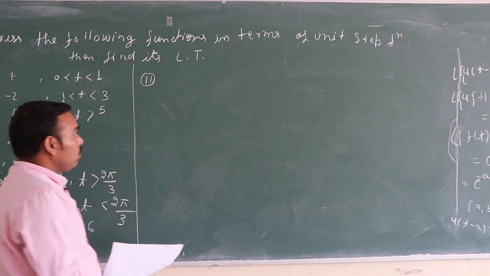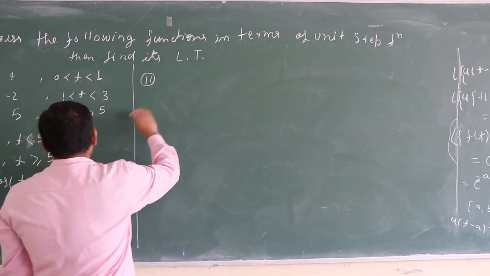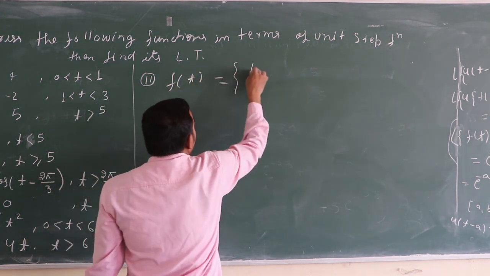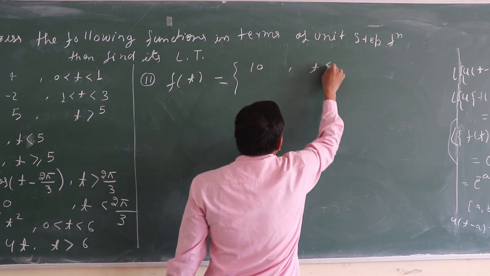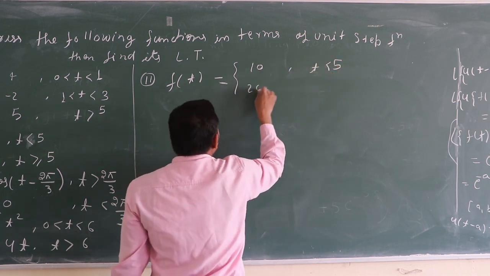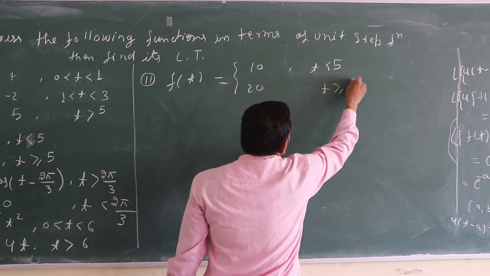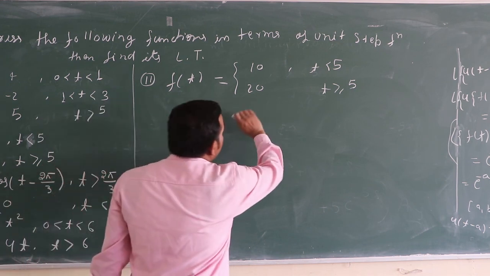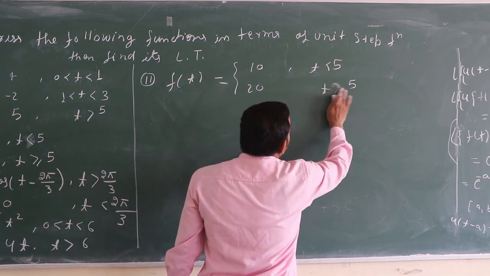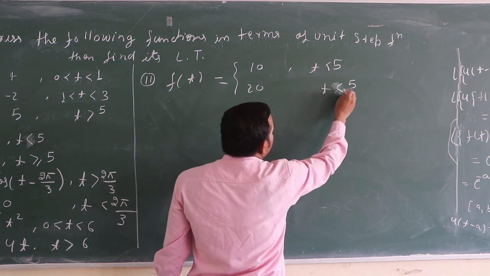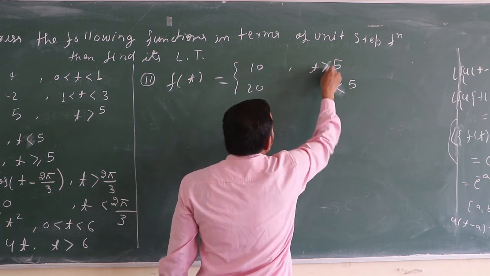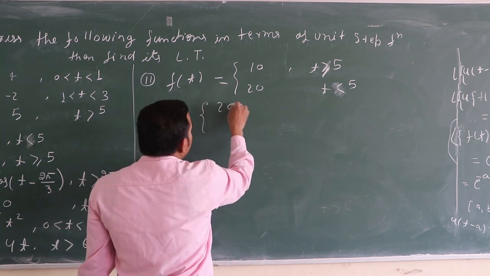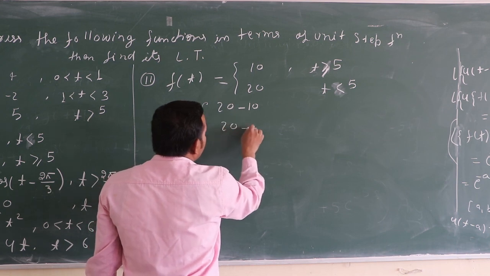Now solve the second function: f of t equal to 10 for t less than 5, and 20 for t greater than 5. So I think please modify this: t less than 5 and t greater than or equal to 5, and we can write it as 20 minus 10, 20 minus 0.